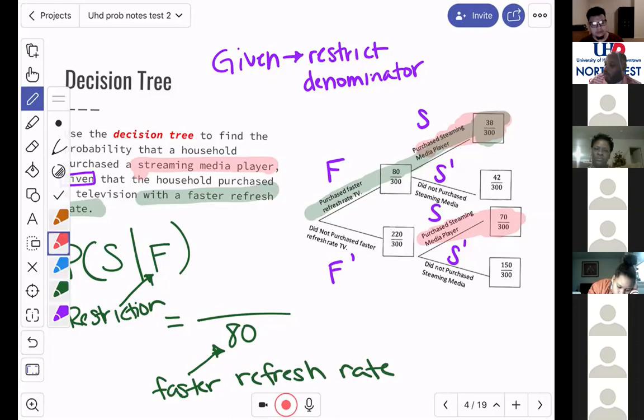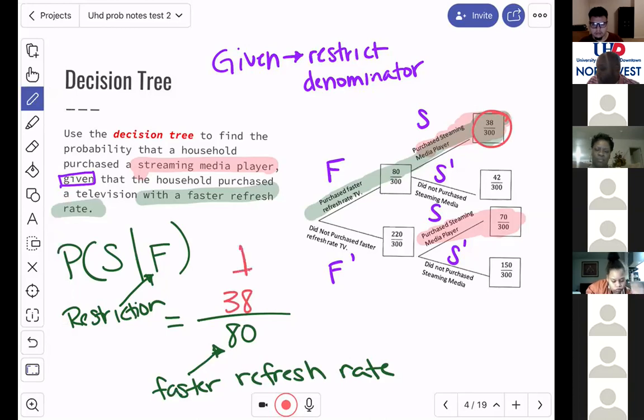Because those people have the streaming media player. So they have faster refresh rate and the streaming media player. Everybody got that? This is the intersection. By intersection, I mean it has both qualities.